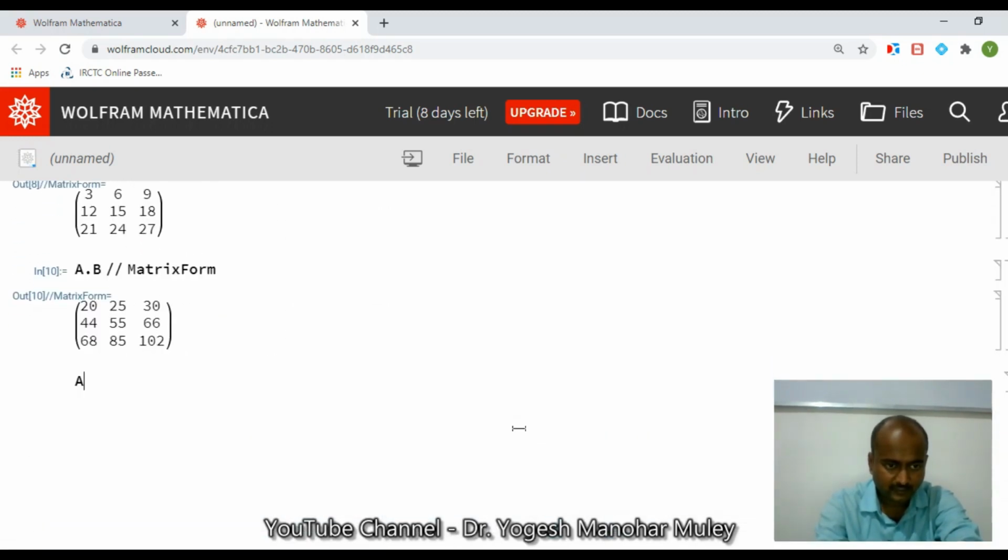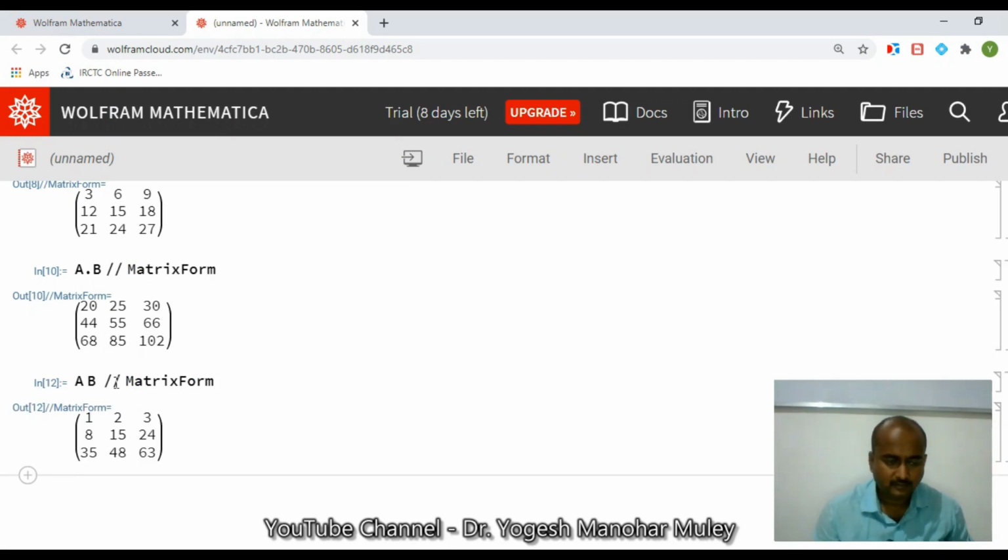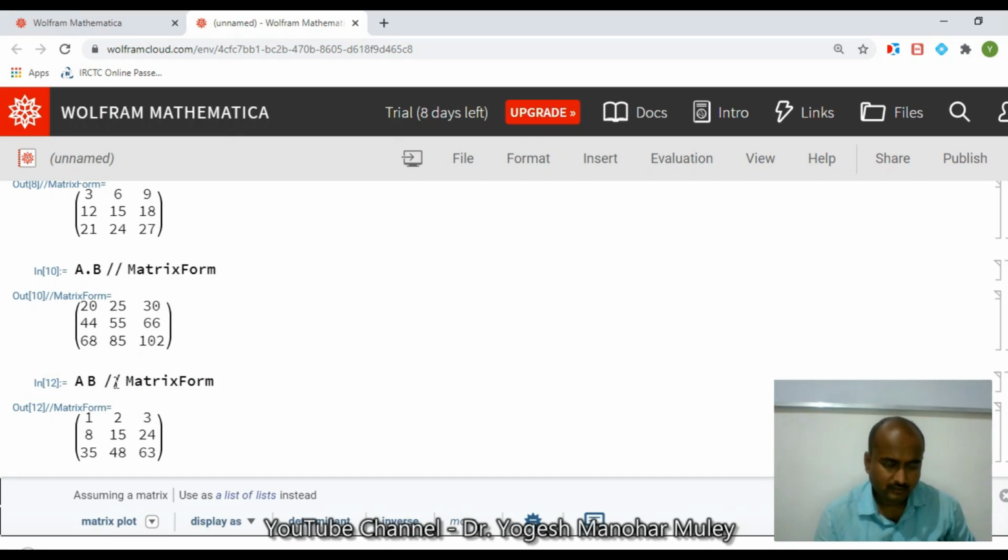If we write A space B, this will give us element by element multiplication. This means A11 is multiplied with B11, A12 multiplied with B12. So A space B gives multiplication element by element, and A dot B gives multiplication in the standard matrix form.